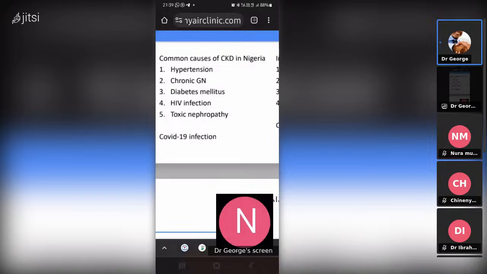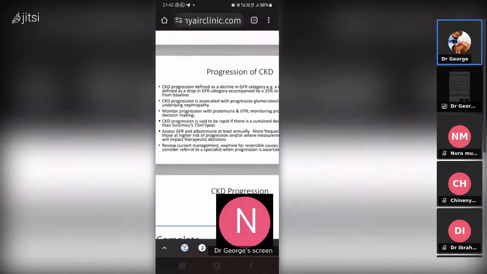Things that will affect the progression include the amount of protein that is being lost through the kidney, and the management of the underlying conditions like hypertension and diabetes. If those conditions are not being managed well, progression can be faster. If proteinuria is not being managed well, progression can be faster. Infections and all that.